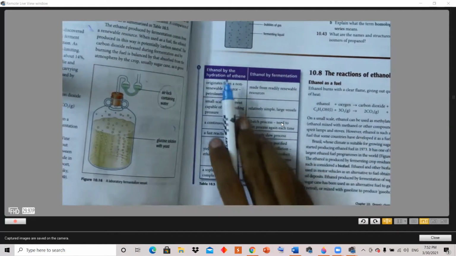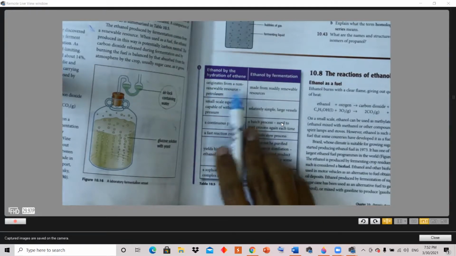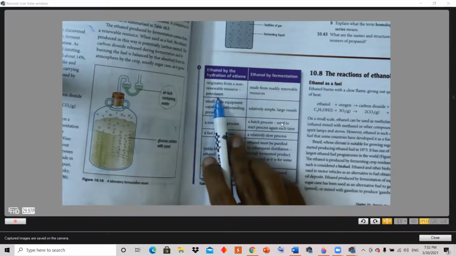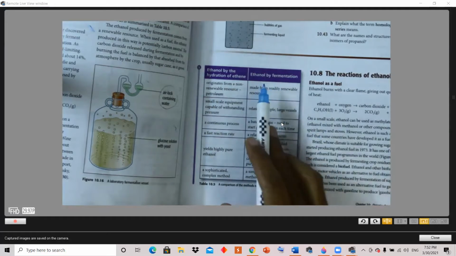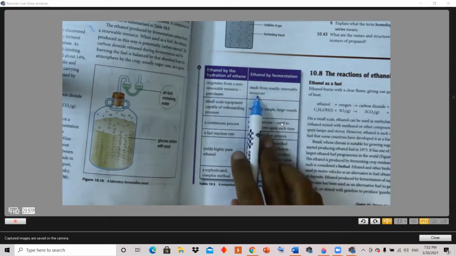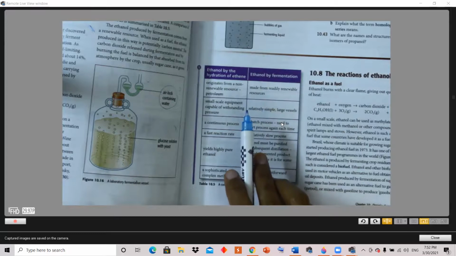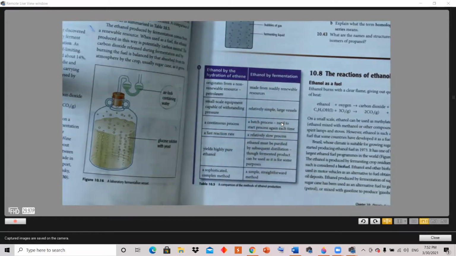Ethanol by the hydration of ethene originates from a non-renewable resource, which is petroleum. Whereas ethanol by fermentation is made from a readily renewable resource, which is glucose. Glucose can come from sugarcane, and these are easily available.